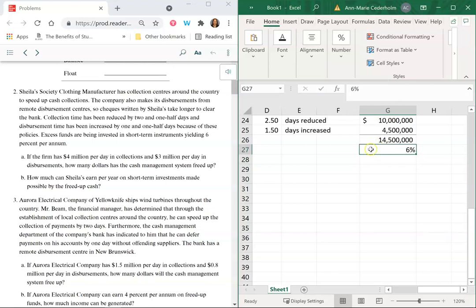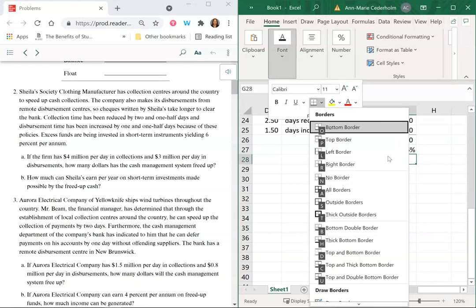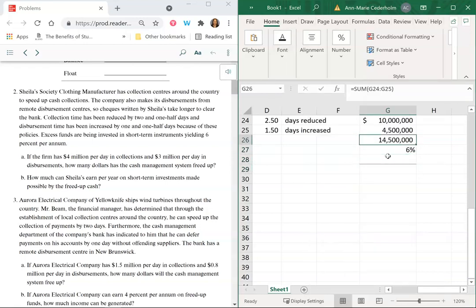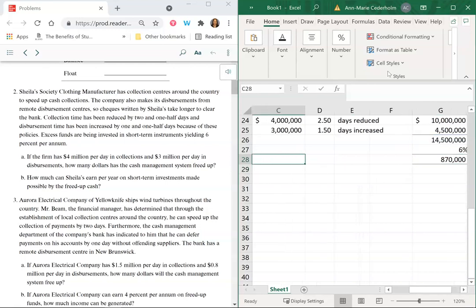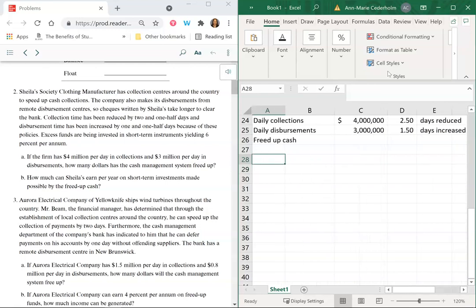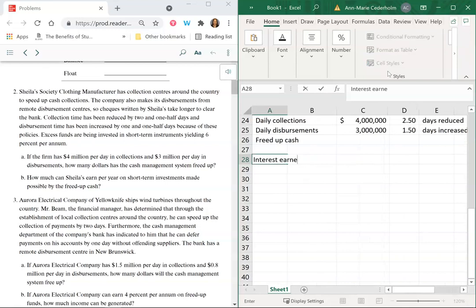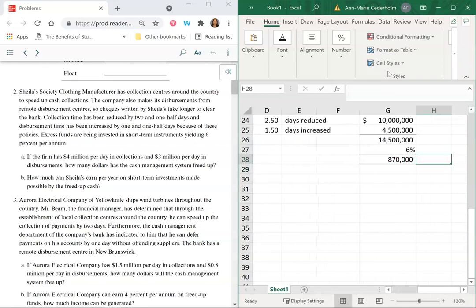So 14.5 million times 6%, interest earned, I'm going to earn $870,000.